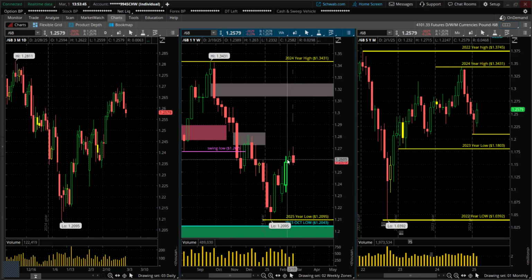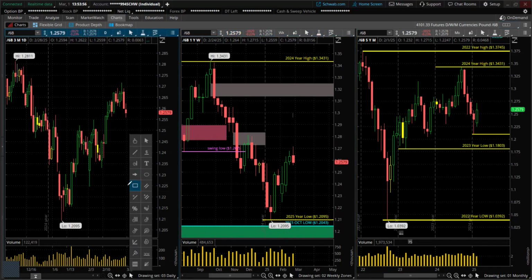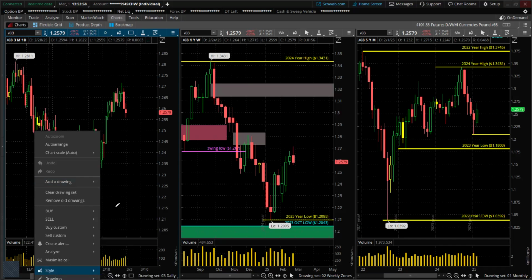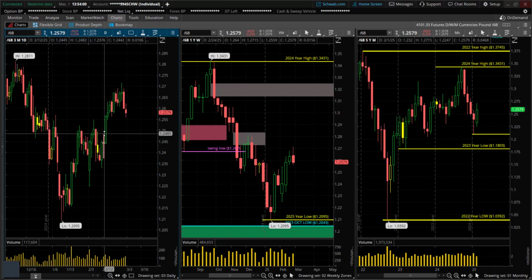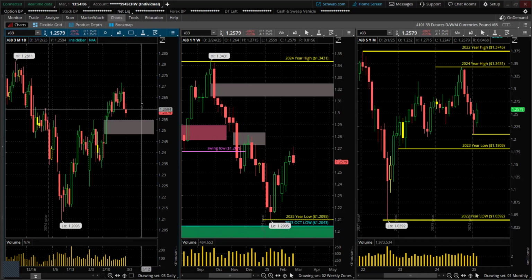Nice. Possibly retracement down here too on the weekly and on the daily. So this is a key level for retracements. Let's go on to the next. So those are the major three currencies against the US dollar.